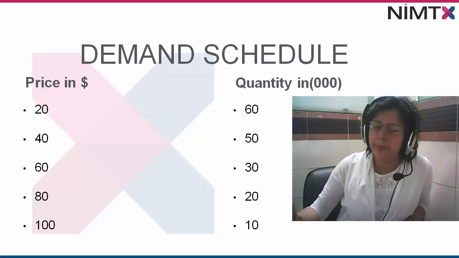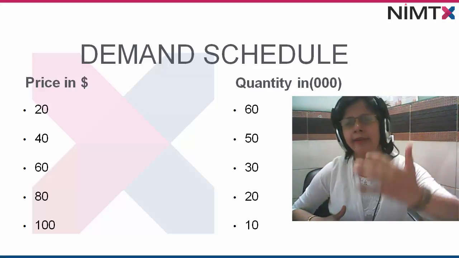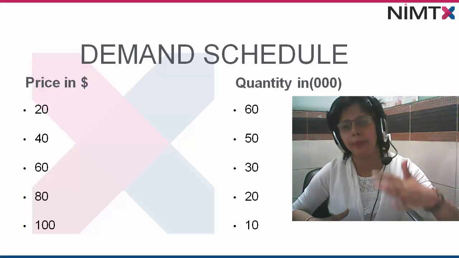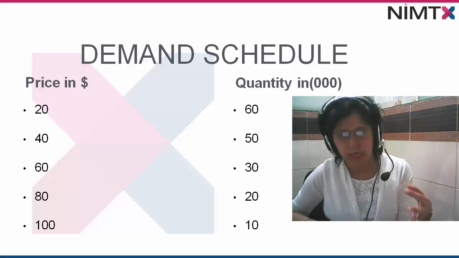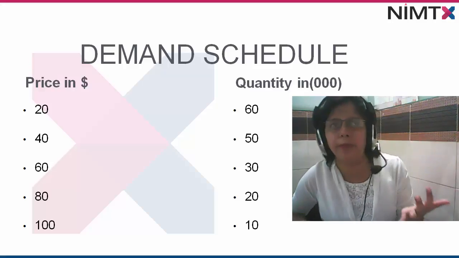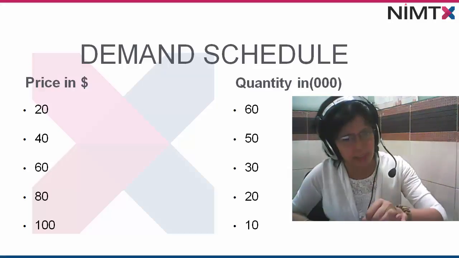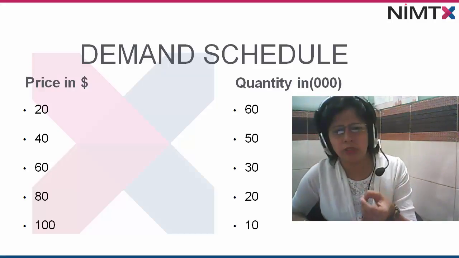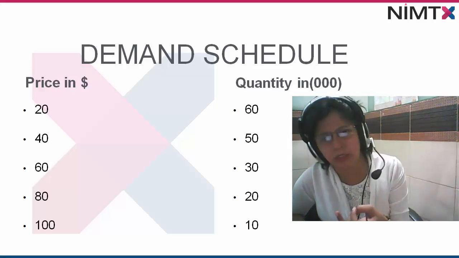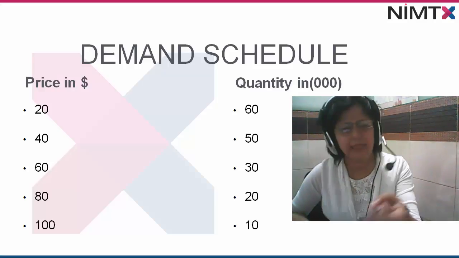When the price increases to $40, the quantity is 50,000 people, and it goes on, like when the price is $60, the quantity still decreases to 30,000. When the price is $80, the quantity demanded is 20,000 people downloading that ebook, and that is vice versa.